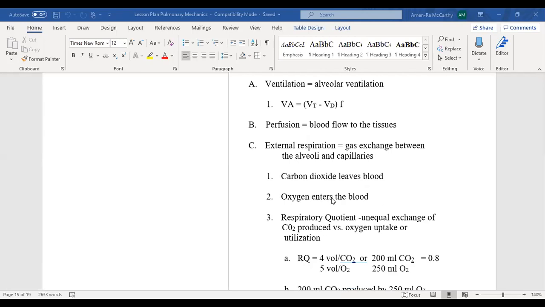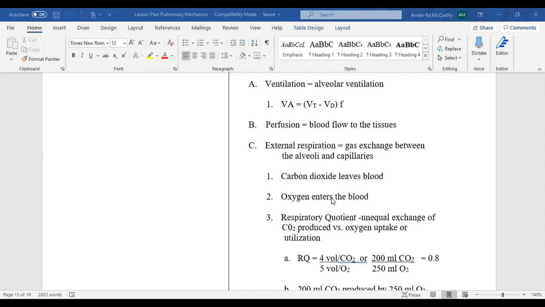Look in your Egan's book so you can see a good picture of gas exchange. Page 250 in the new book. You can just write that down. You don't have to look right now, but page 250 in the new book talks about that pressure difference and shows the different pressures. Make sure you're doing your reading.